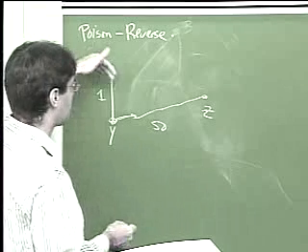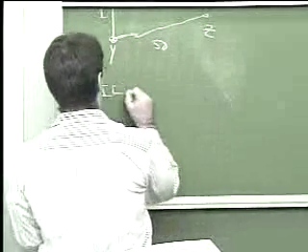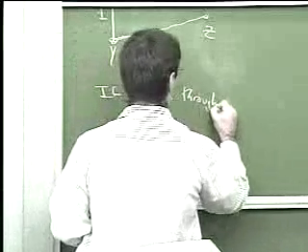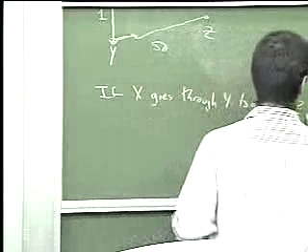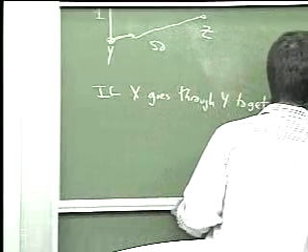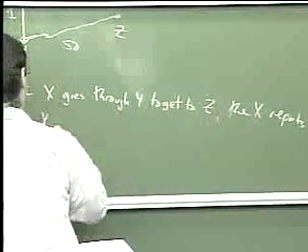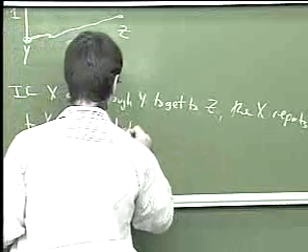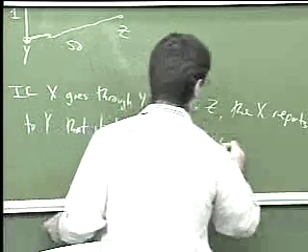So if x is going through y to get to z, then x reports to y that its distance to z is infinity.